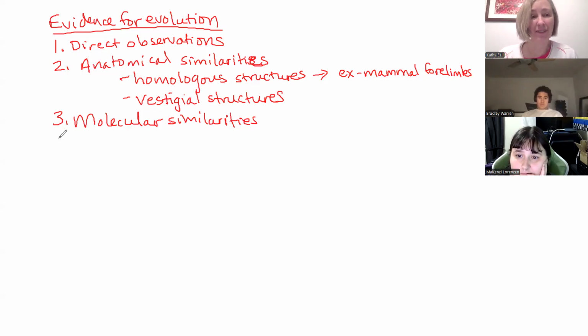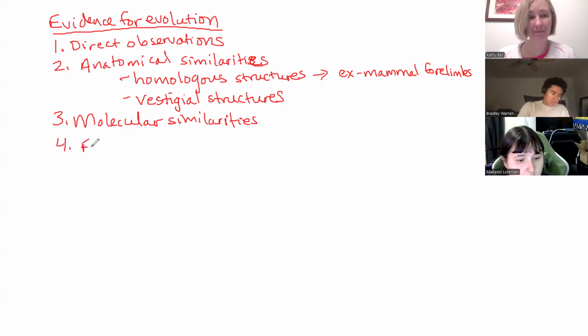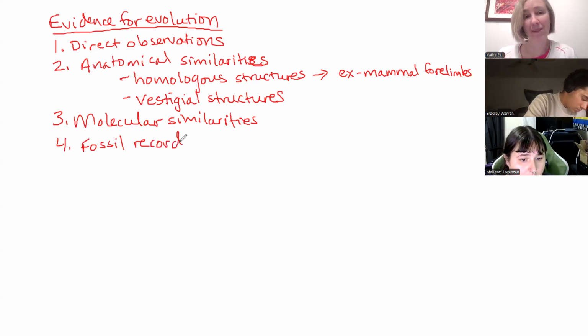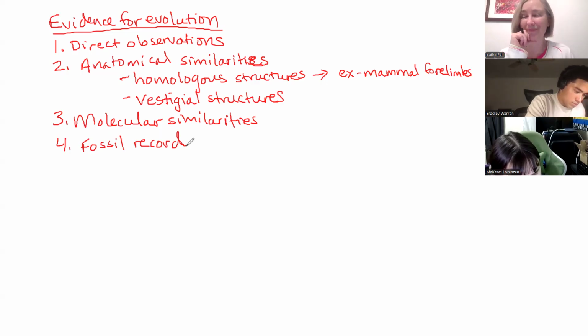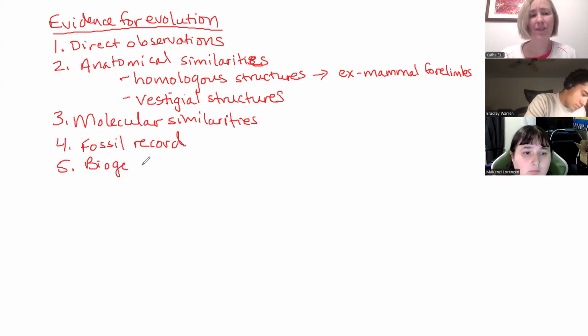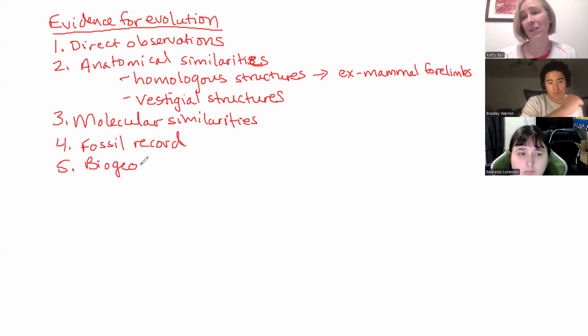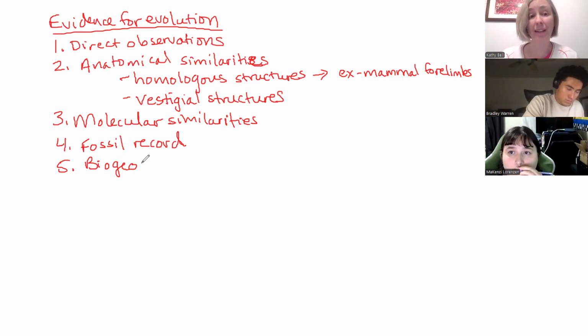And then we have our fossil record, which is not entirely complete, but we can see the evolution progression of how certain species evolve, which is pretty interesting. And then we have the biogeography as well, which shows the geographic distribution of different species in the fossil record and then where they are today.